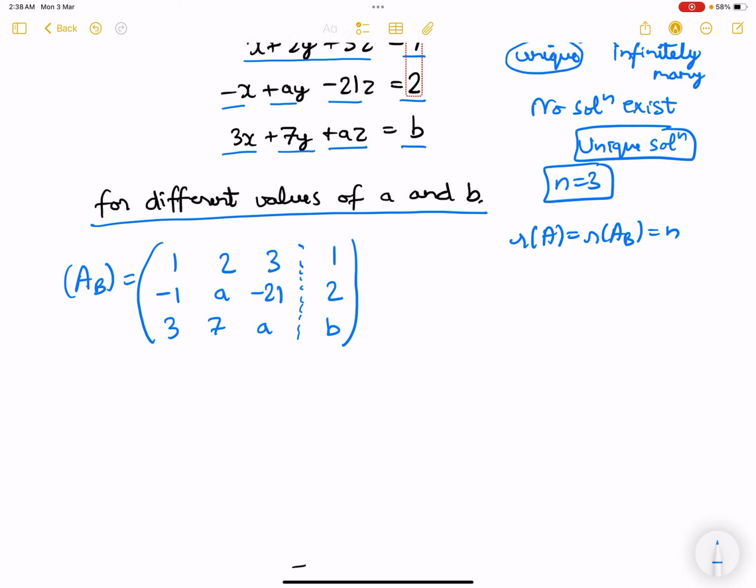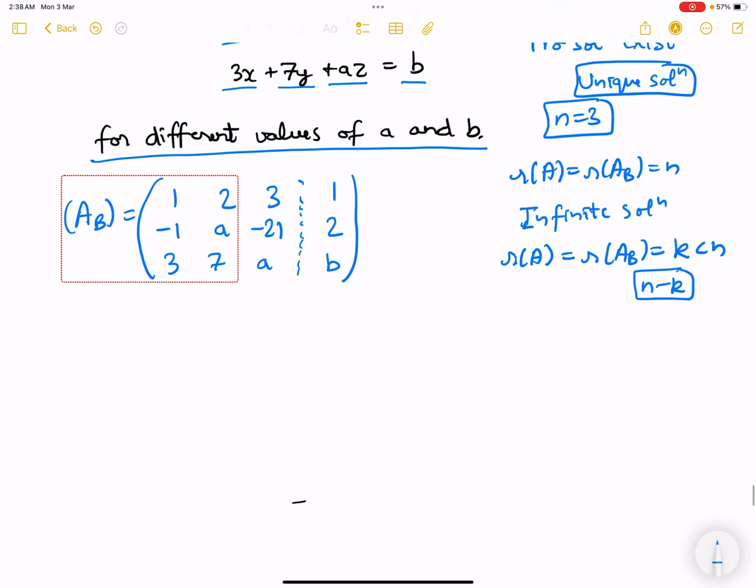And infinite solutions would exist when rank of A equals rank of A augmented B equals k, which is less than n. That would lead to n minus k degrees of freedom as well, which we have discussed.